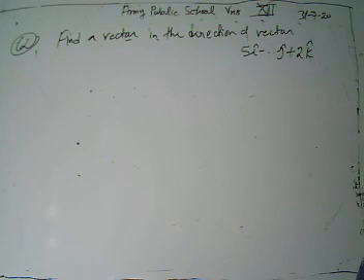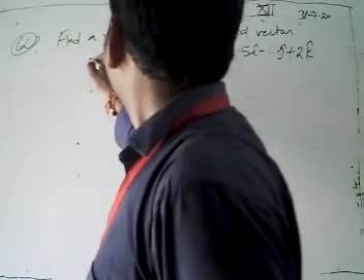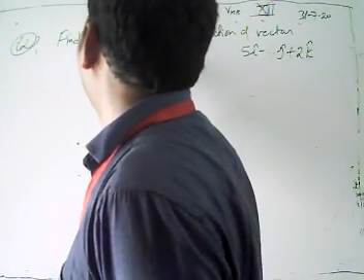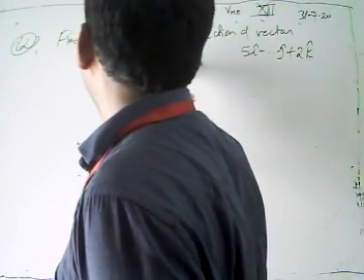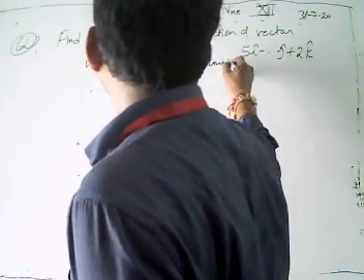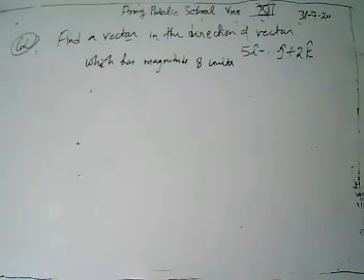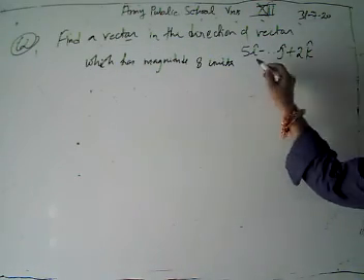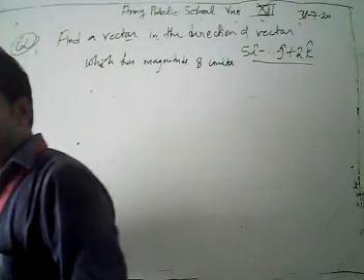Now look, we have to find a vector in the direction of the given vector.